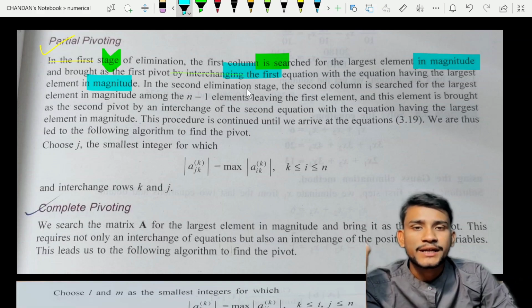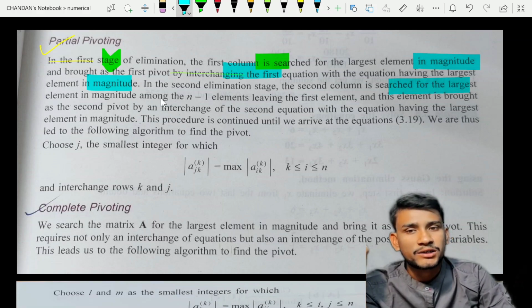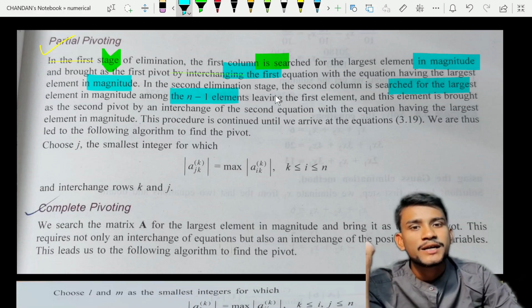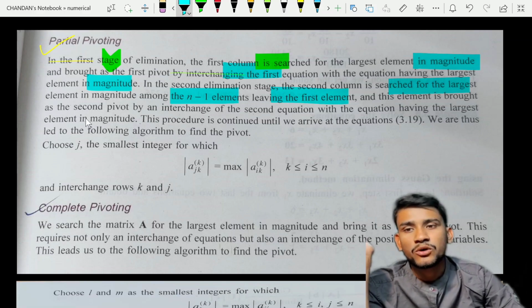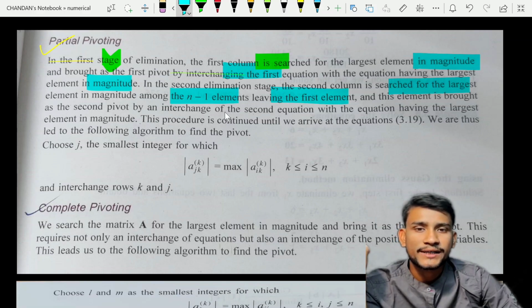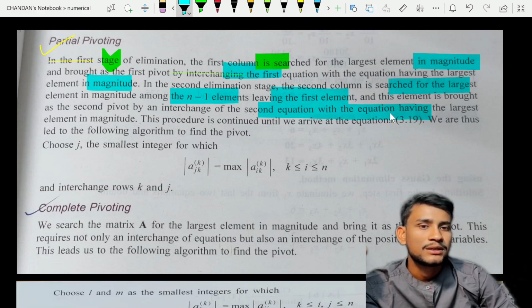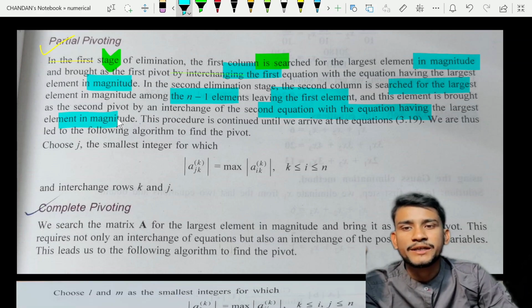Okay, in the second elimination stage, the second column is searched for the largest element in magnitude among the n minus 1 elements, leaving the first element. Okay, and the element is brought in as the second pivot by interchanging the second equation with the equation having the largest element in magnitude.